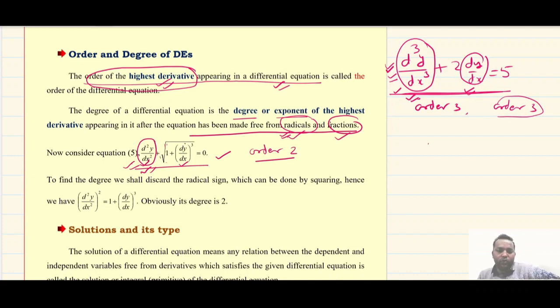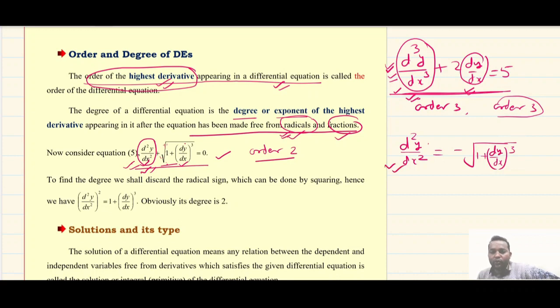To remove it, we first shift this term to the right hand side, and then the equation is transformed into minus square root of 1 plus dy over dx whole cube.